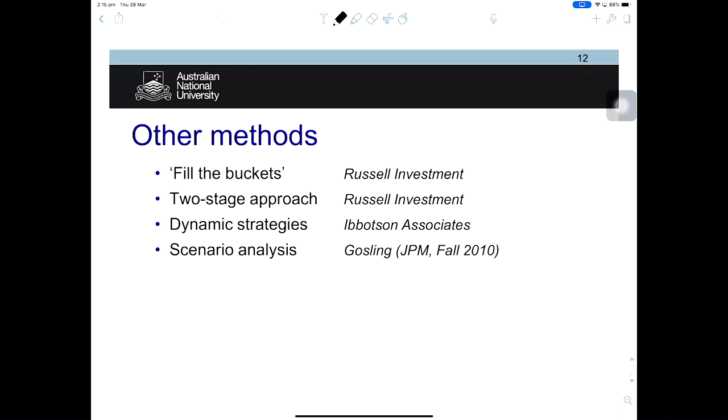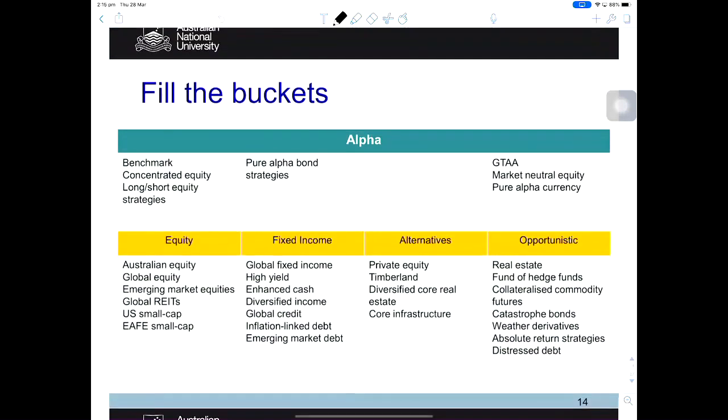The other methods we might employ in asset allocation, like fill the buckets, it's actually like a layout of the investment universe for investors. And this framework actually builds on our understanding of alpha and beta in the industry context. That is not usually the alpha or beta that you often read from finance textbooks.